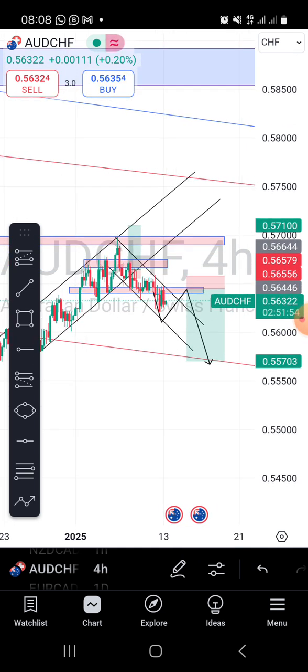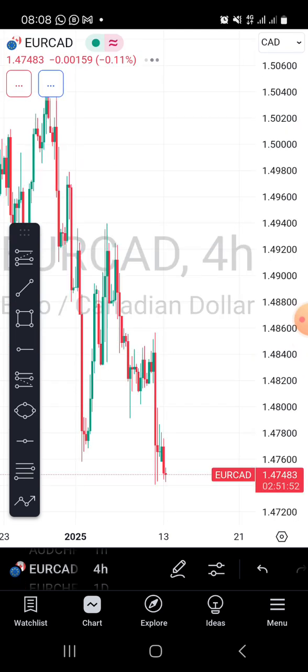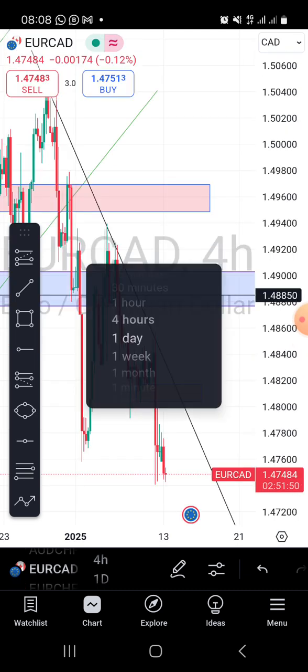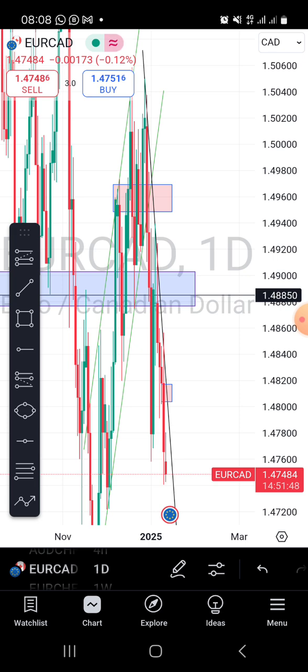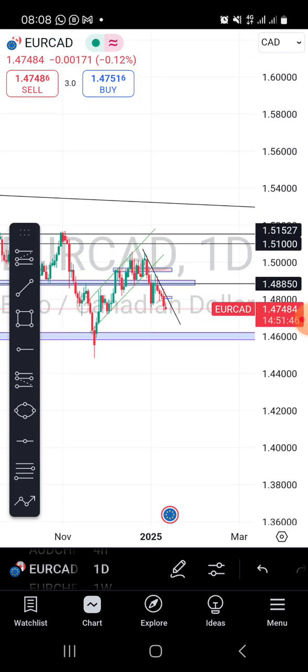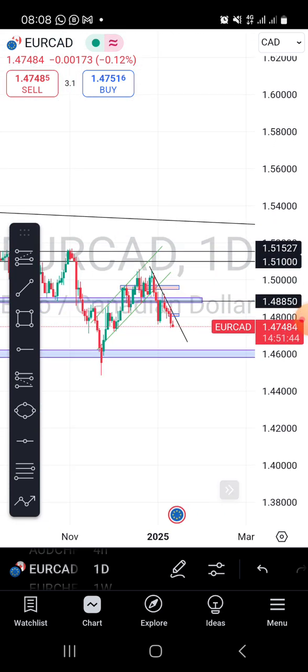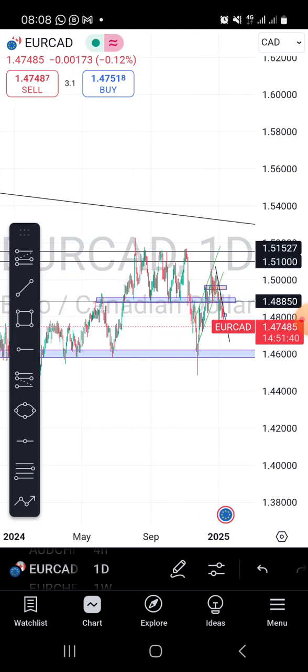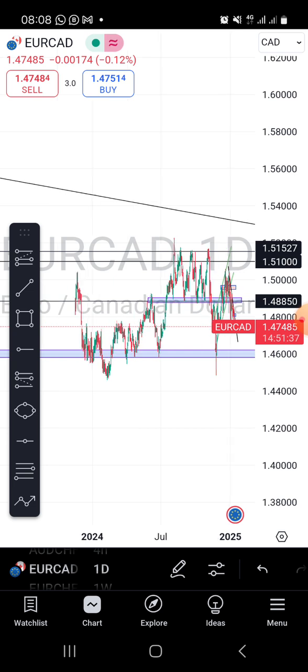Then moving on to Euro CAD. Let's start from daily as well. Euro CAD is not really very bearish, however it's not bullish as well. You can see the pattern here.